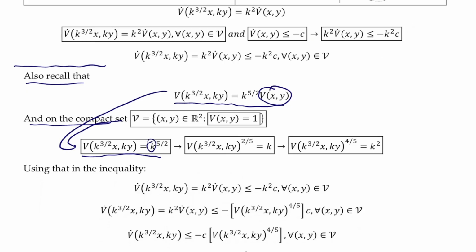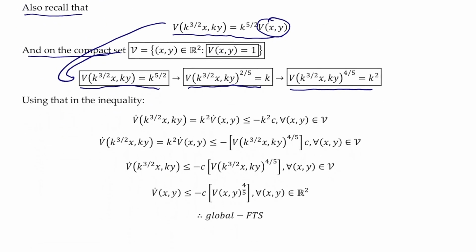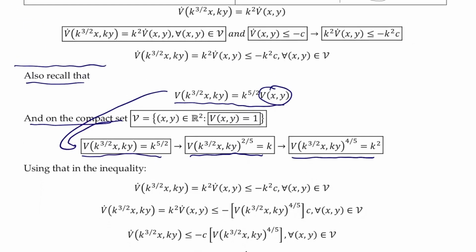Let's try to solve for k. Here is the expression that we have, and let's find a square. This is straightforward, I think. So using that in the inequality, which inequality? This inequality.